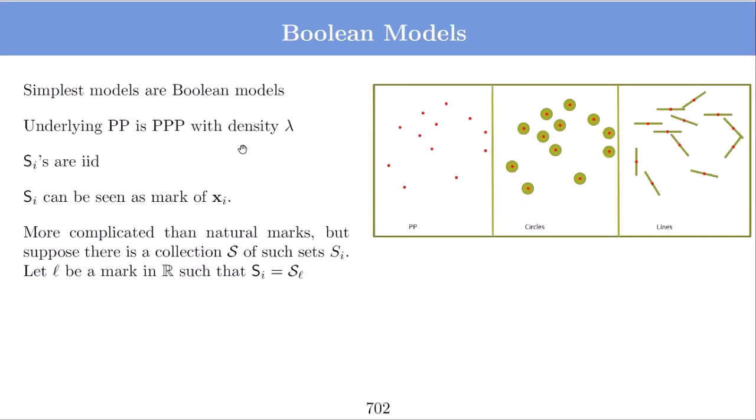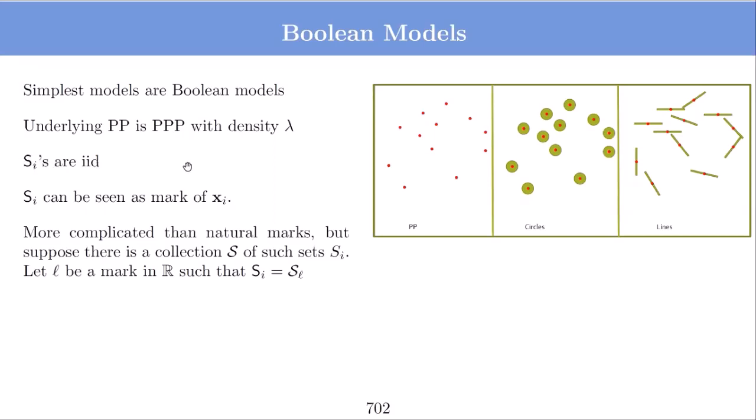Here the germs are distributed as a Poisson point process, and there is one more condition: the S_i are independent and identically distributed. There can still be any distribution, but all S_i are independently and identically distributed.